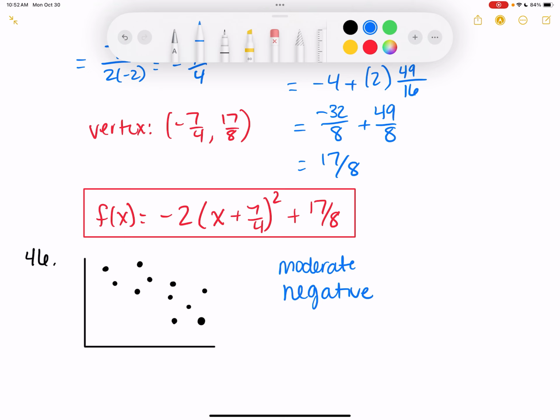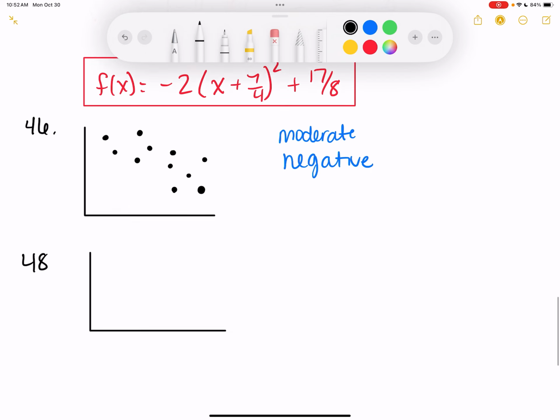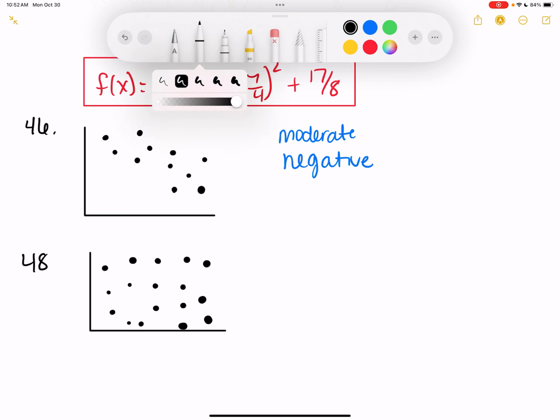All right, one more. Number 48. You're welcome to copy the graphs down on your paper if you want, but you don't have to. So what do we think about this one?